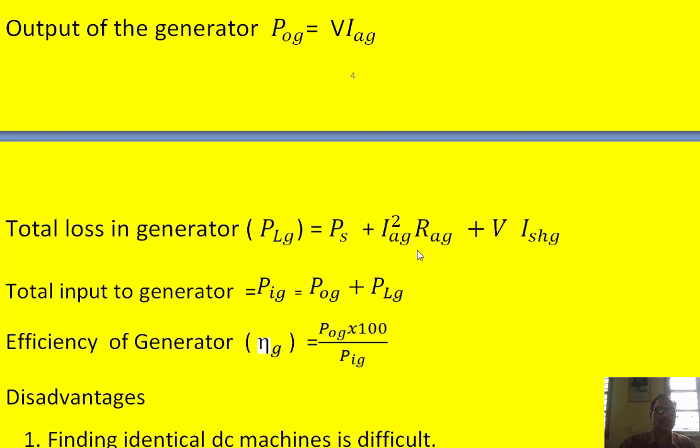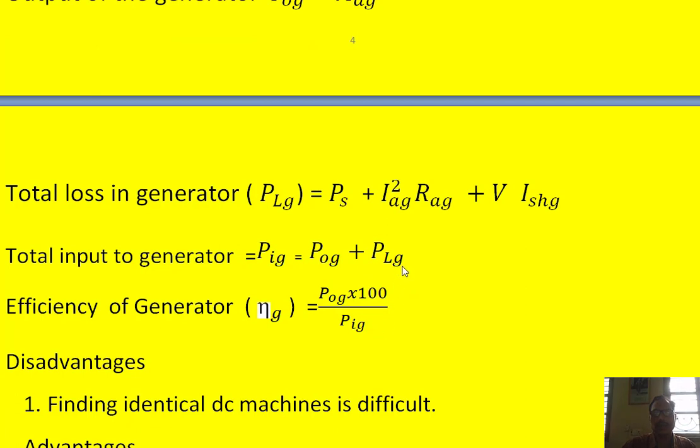generator. So once we know the output of the generator and the total loss of the generator, now we can calculate the total input to the generator. So total input to the generator we represent with PIG, that is nothing but output plus losses. So that is POG plus PLG.